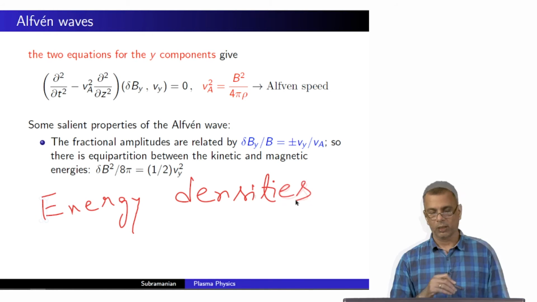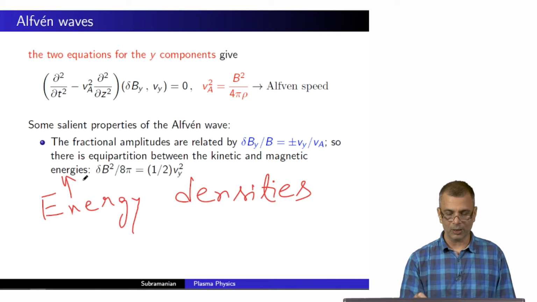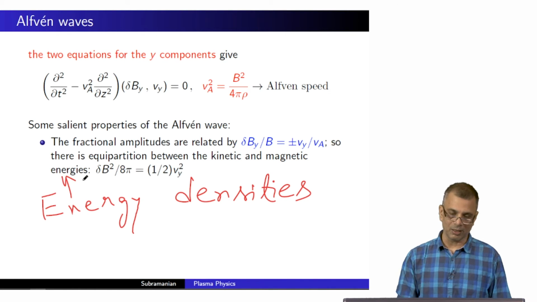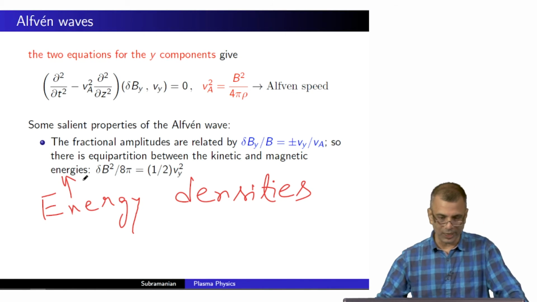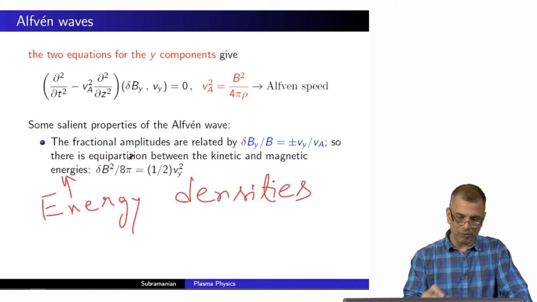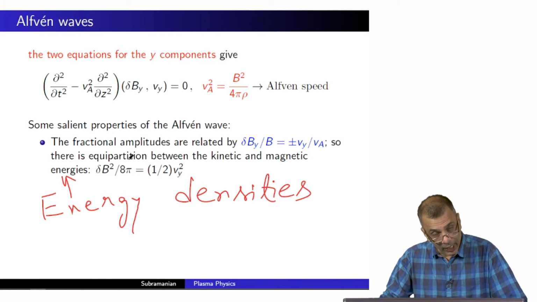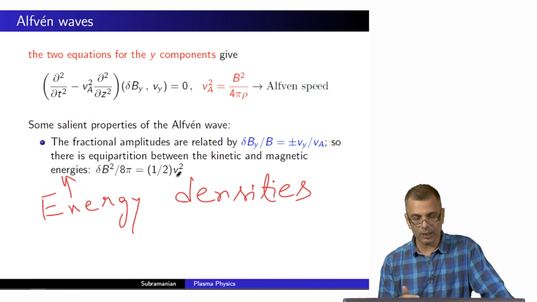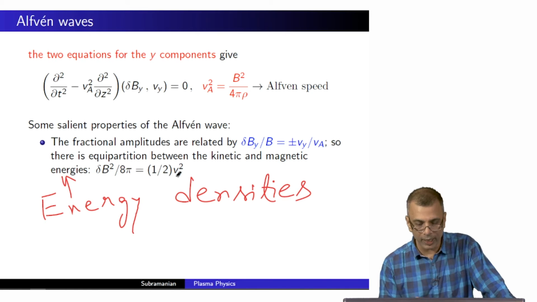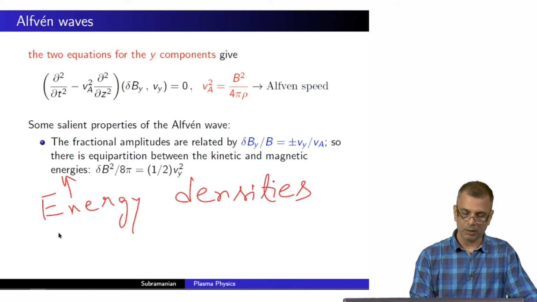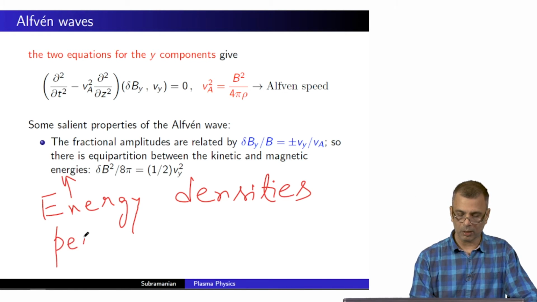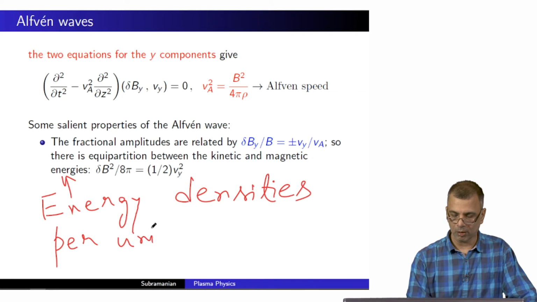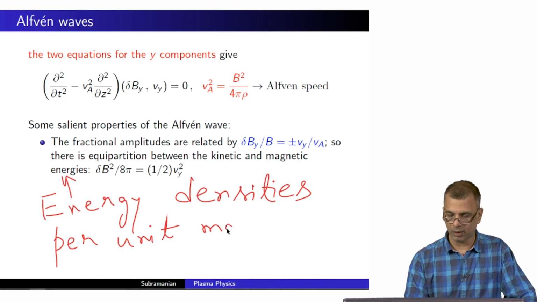I've been a little loose here; it's not so much energies, but really energy densities. That's a bit of a loose way of saying it. So the delta B squared over 8 pi is the energy density in the magnetic field perturbations, and half V squared, energy densities again, per unit gram, per unit mass.